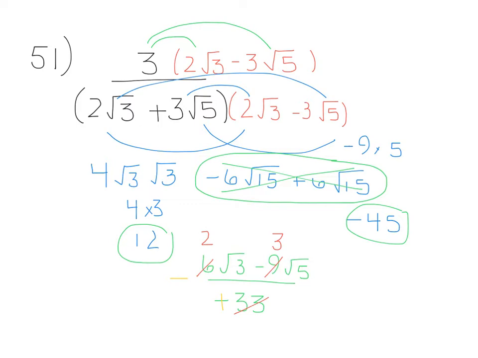And 33 is divisible by 3. 3 goes into 33 11 times. So we end up with negative 2 root 3 minus 3 root 5 all over 11. That's our final answer.